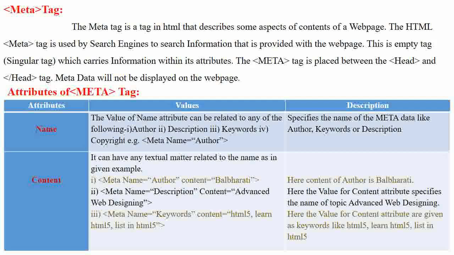This is an empty tag which carries information within its attributes. The meta tag is placed between the head tag and the end of the head tag. Metadata will not be displayed on the web page.